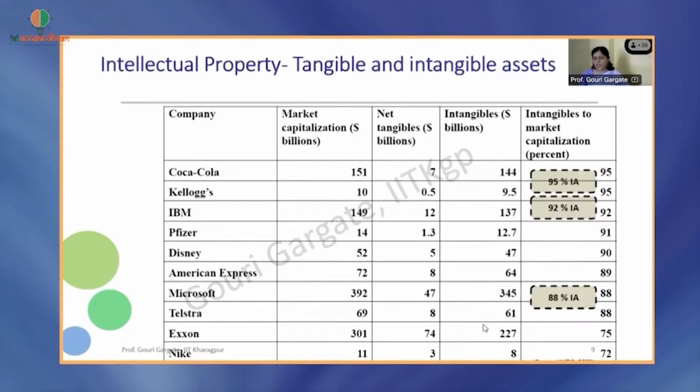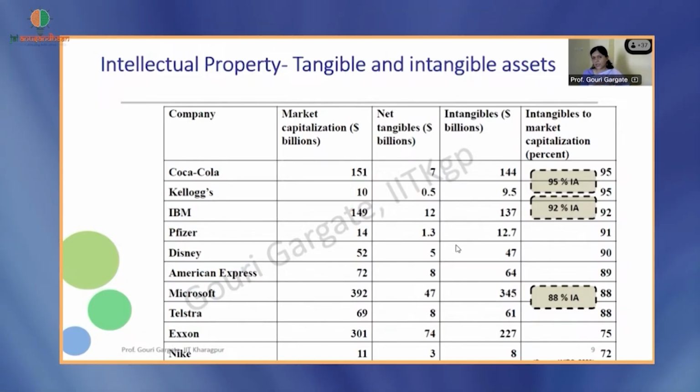It is little old data, but even at that time you can check that 95% or 92% or 88% of market capitalization is taken by intangible assets. Means if you take an organization, intangible assets and tangible assets are the two kinds of assets. Previously, before 1980, tangible assets were very important: the infrastructure, the facilities, the manufacturing unit.